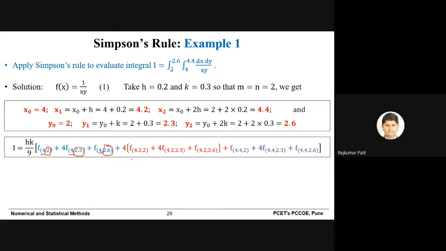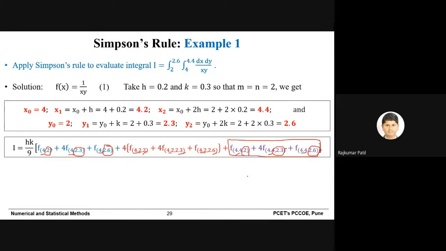Similarly, 4 into, now we are taking the next value of x, that is 4.2, which is constant for this particular part of the equation. And again we are changing the values of y. First value is 2, second value is 2.3 and third value is 2.6. Plus the third part of the equation where we take the value of x as 4.4, which is constant throughout, and we are varying the values of y. So 2, 2.3 and 2.6.